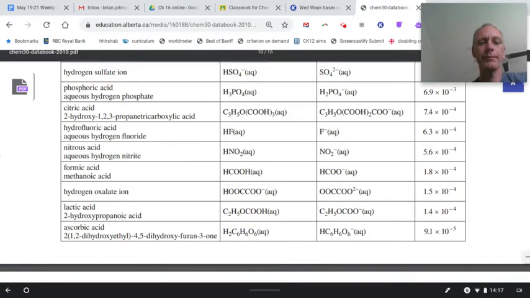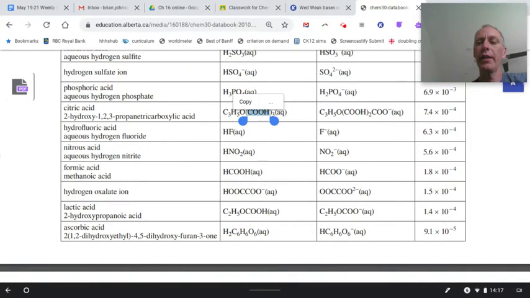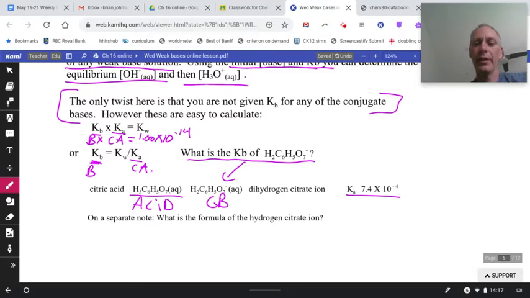There's the acid, and there's its Ka. And we want the Kb of that base. So we use our handy little converter, Kb equals Kw over Ka of its conjugate acid, which was 7.4 times 10 to the minus 4.